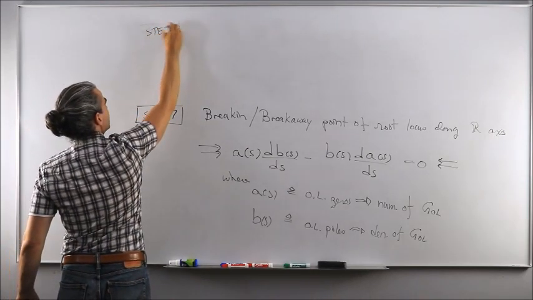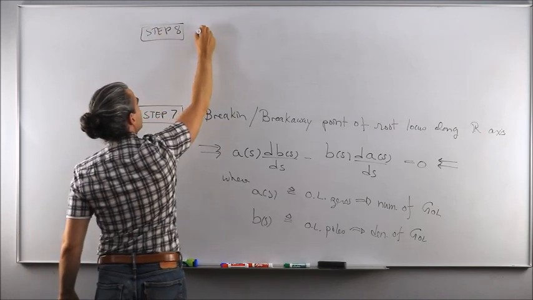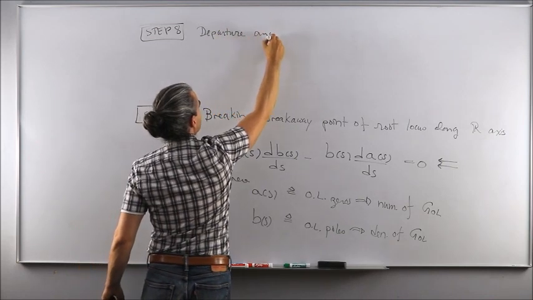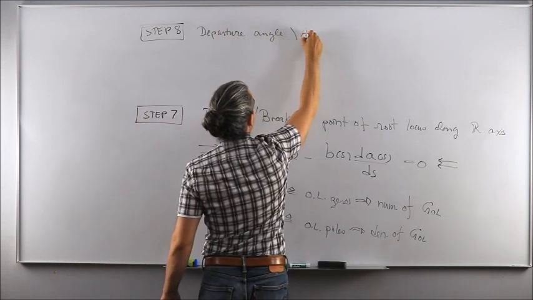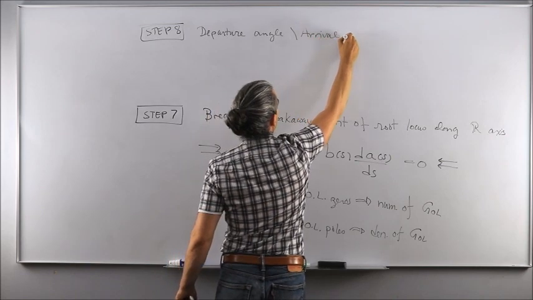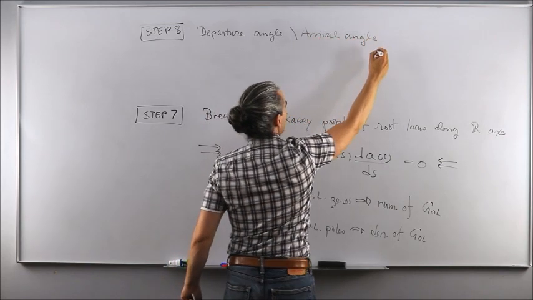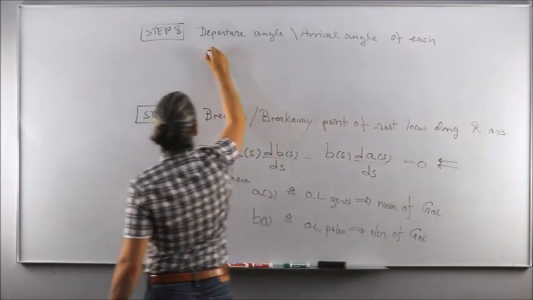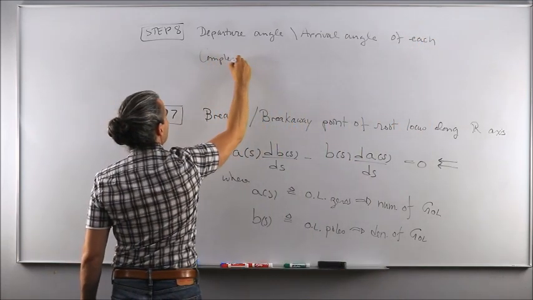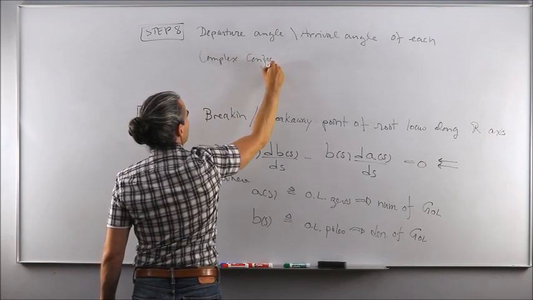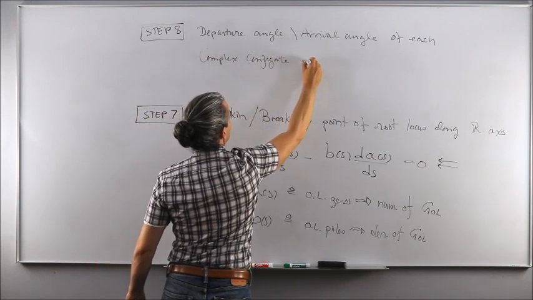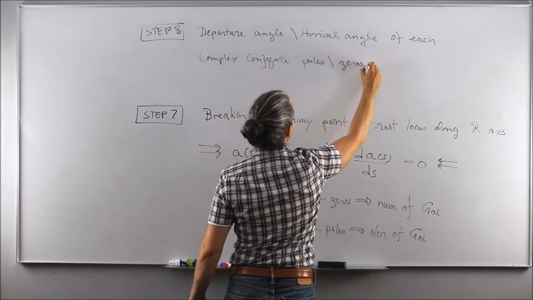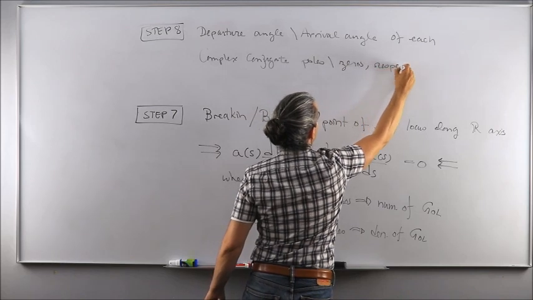So step 8, we'll look at the departure angle or arrival angle of each complex conjugate poles and zeros, respectively.